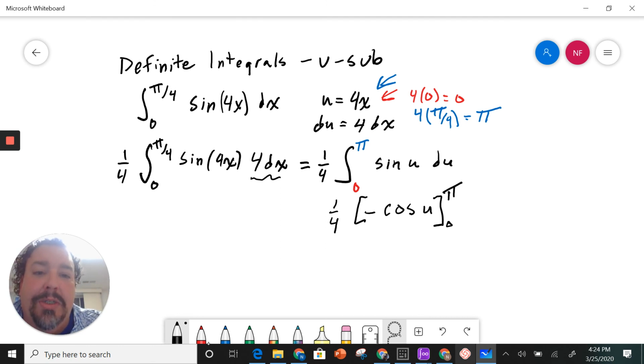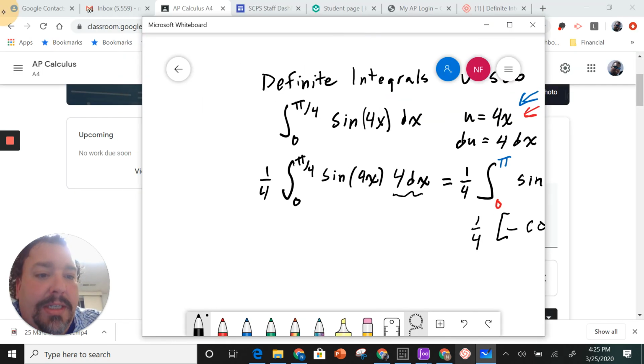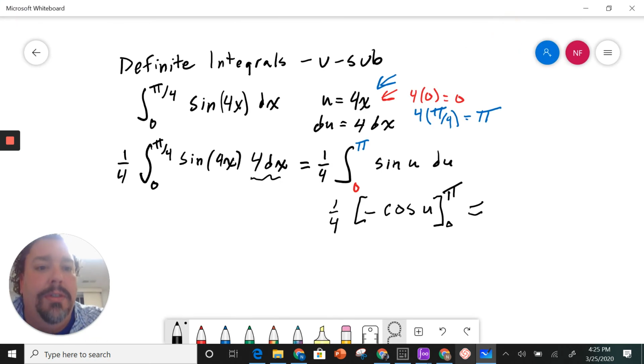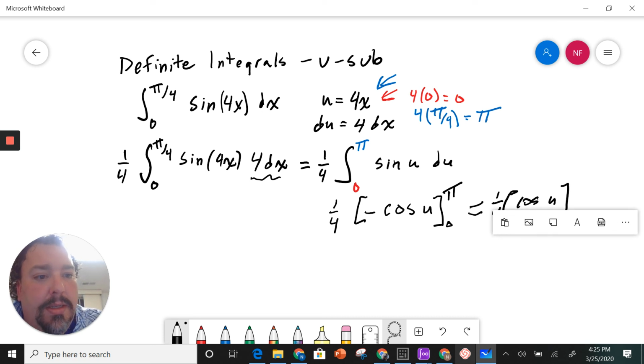And one trick that I showed you is, when we have negatives here, one thing we can do to get rid of those is just to change our bounds. So it's going to be 1/4 of cosine of u, and then change it so it's 0 to pi here.